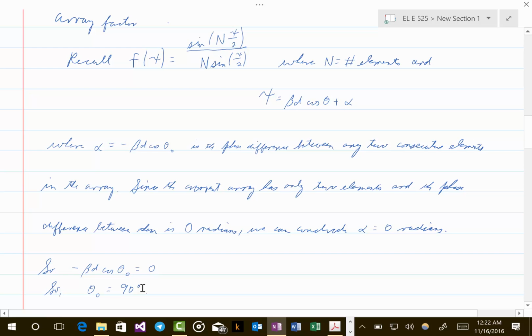So this is a broadside array. When we plot the final pattern, well, even for the array factor, it should have the main beam in the direction of 90 degrees.